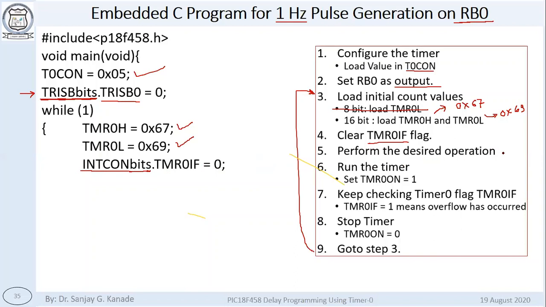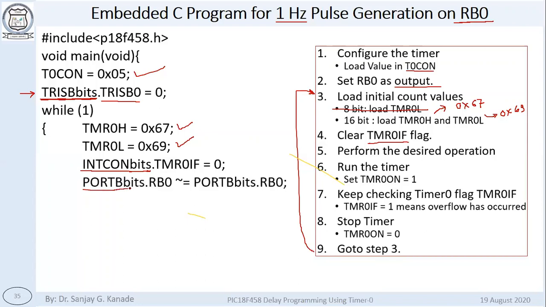Now perform the desired operation. What is the operation that we want? We want pulse generation, meaning we want transition on the RB0 pin. Transition means from 0 to 1 or from 1 to 0. This is toggling, or you can say complementing the bit, and that's what I'm going to use here.